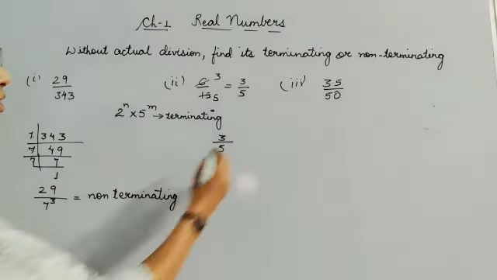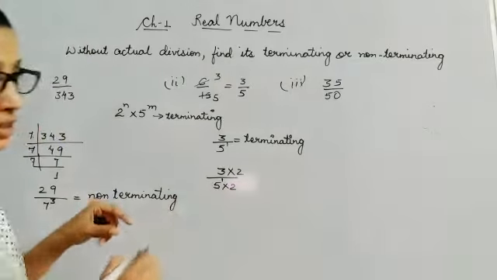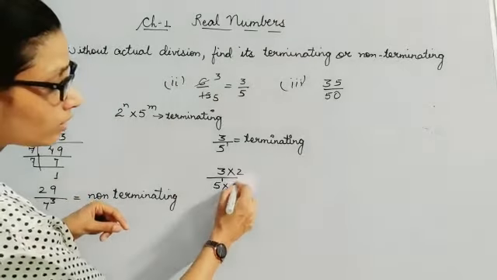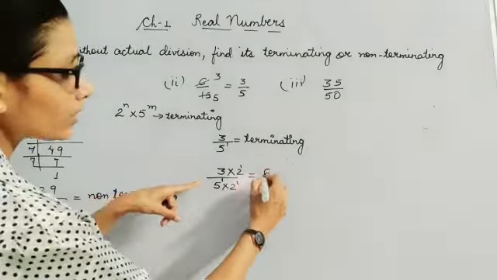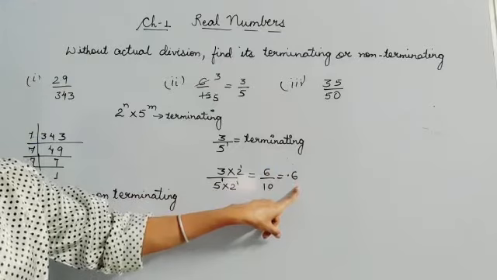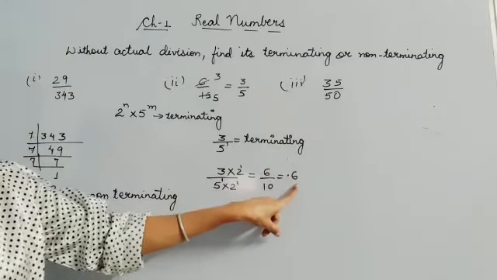For this, 5 is already present, so I multiply and divide by 2. Whatever power you have here, you multiply with the same power over here. So this is 6 by 10, which I can simply write as 0.6. So it terminates after one decimal place.